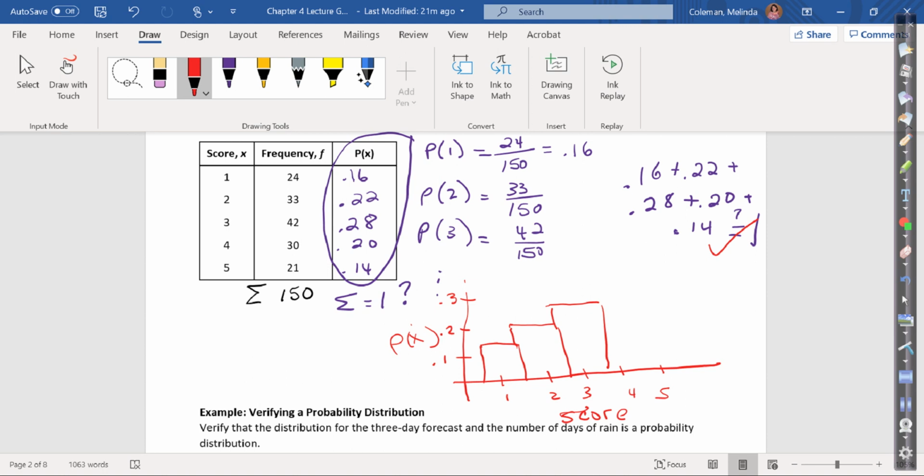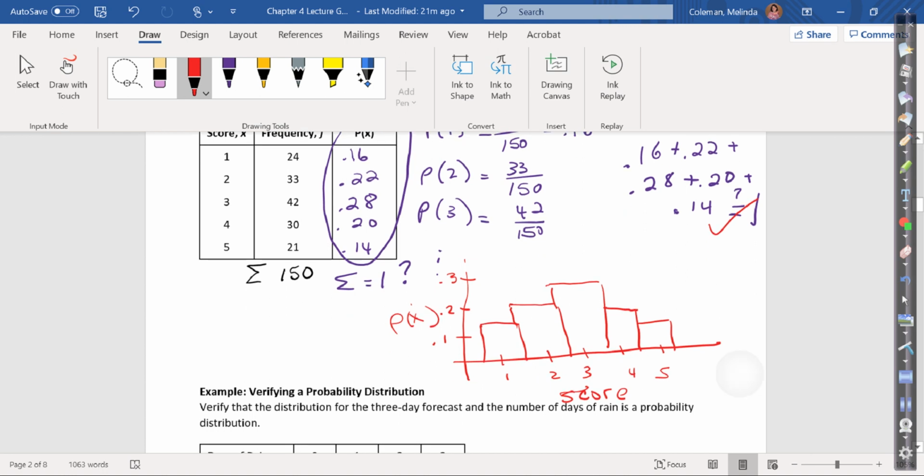P of 4 is 0.20, so we're back down below 3. And then P of 5 is 0.14, so a little below the first box. And again, nothing really new here. What's new is that we're putting the options together in a chart that's going to make this distribution better for us.